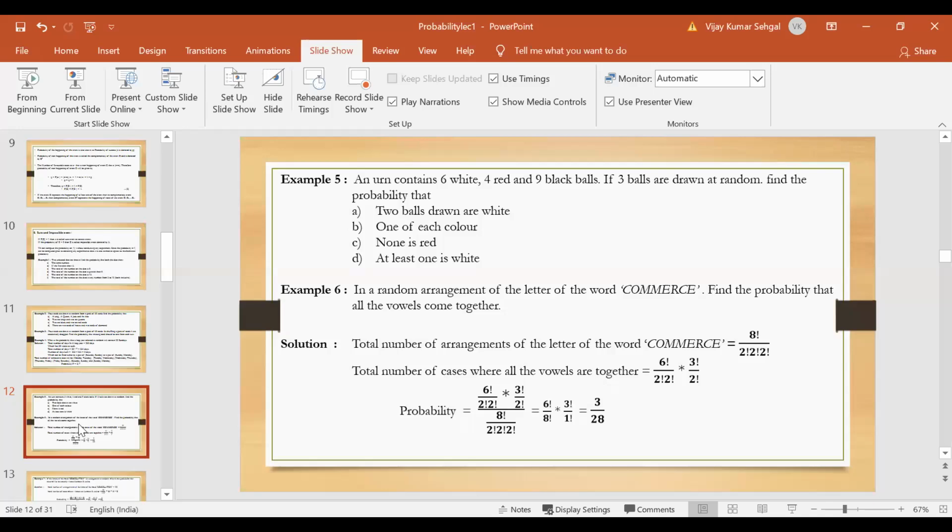So in this way, how will you find? First, you can find the probability of one white ball, then the probability of two white balls, then the probability of all three white balls.